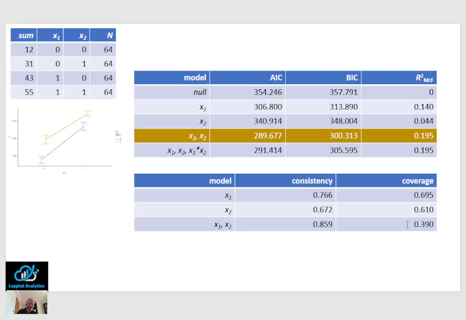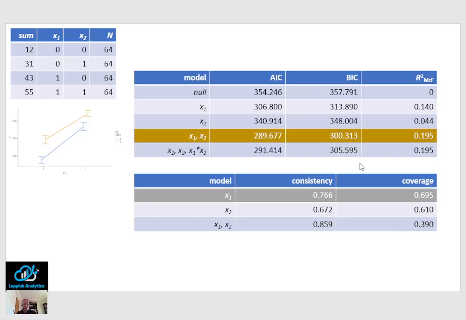So unless we have very few successes outside the 1-1 combination, it's very difficult to get a high coverage value, but it does indicate that of all the successes, 39% are in the x1 and x2 group, which is basically the 55 successes in that cell divided by the sum of successes, which was 141. So hence 39% or 0.39 as coverage.